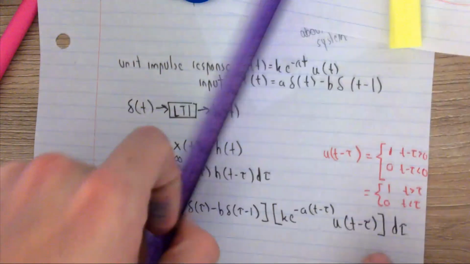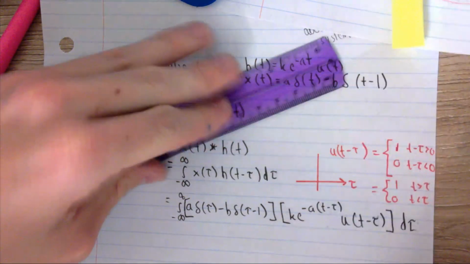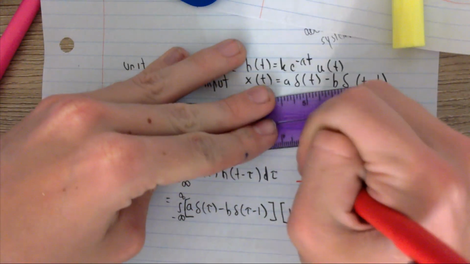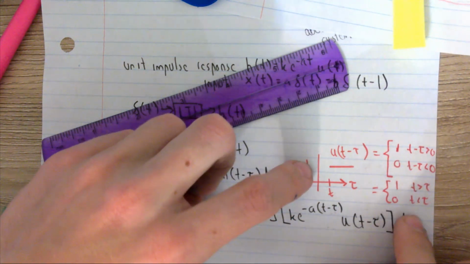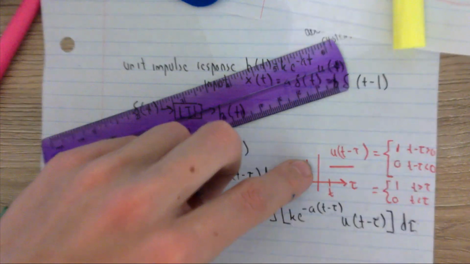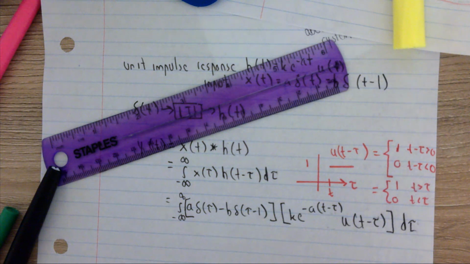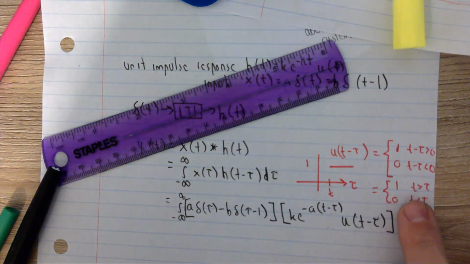And so if we're looking at this specifically on a graph of tau, because we're taking it with respect to tau, it's going to be 1 for t greater than tau, and 0 for t less than tau.